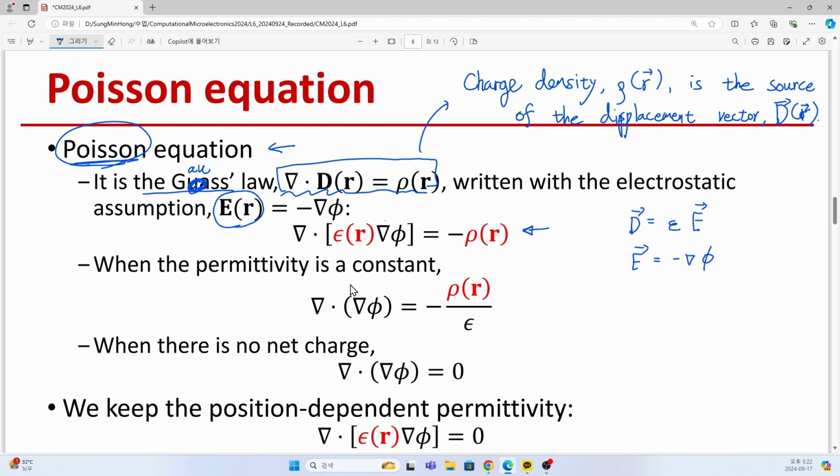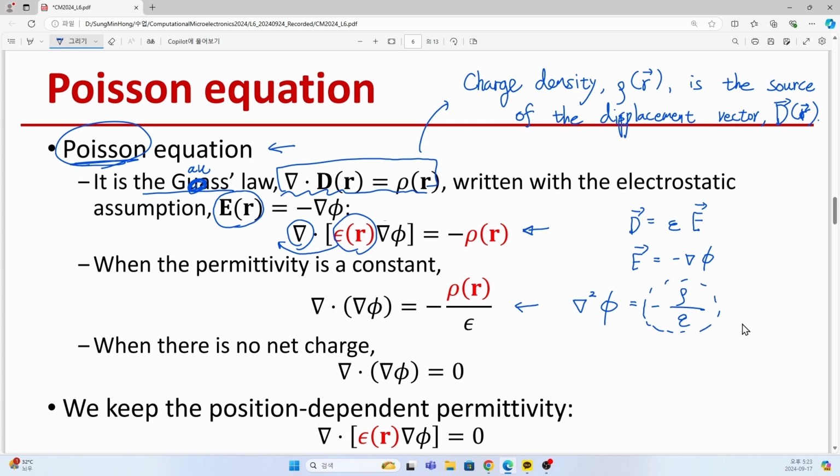However, when the permittivity is a constant, we can pull out this generally position dependent permittivity in front of the derivative. So now we can make a simplified form as shown here. Only in this form can we write it this way. So the Laplacian of our electrostatic potential is given as a certain position dependent function, minus rho over permittivity, and this is generally non-zero.